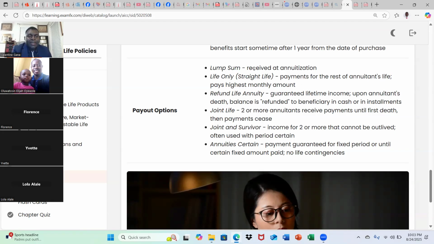Remember that annuities can also be qualified or non-qualified. What is the difference? For a qualified annuity, you create that annuity from money that has not been taxed.